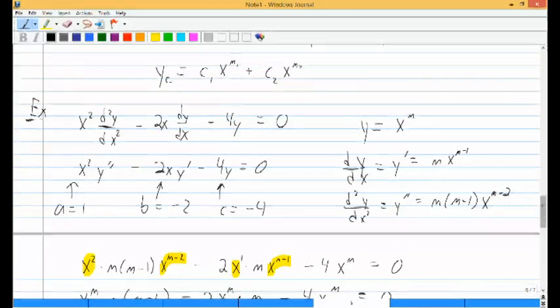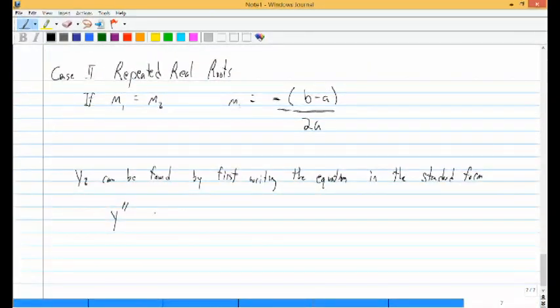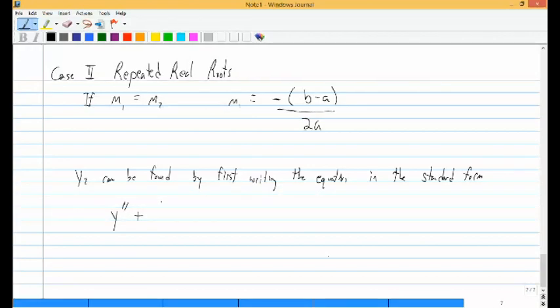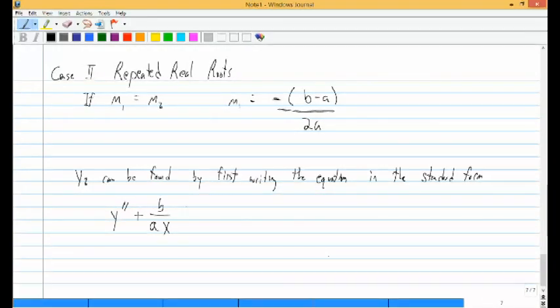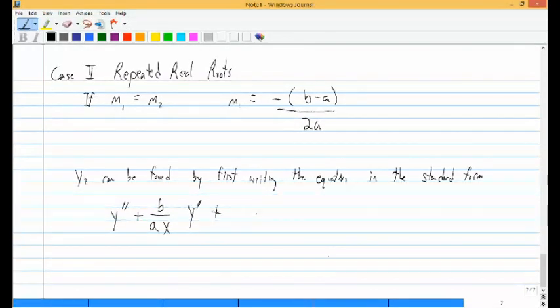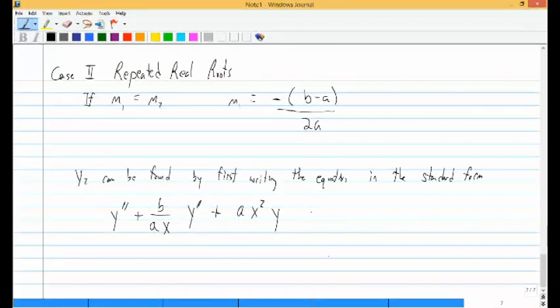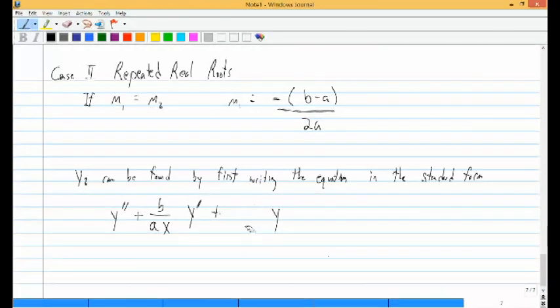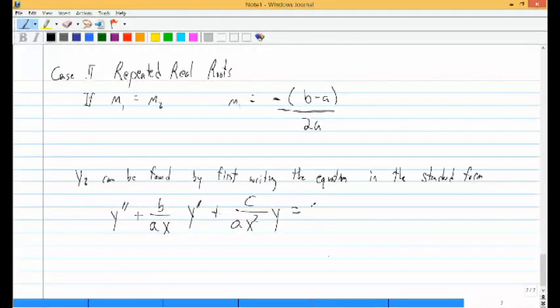So that's going to change your differential equation into the form y double prime plus b over ax y prime plus c over ax squared y equals 0.